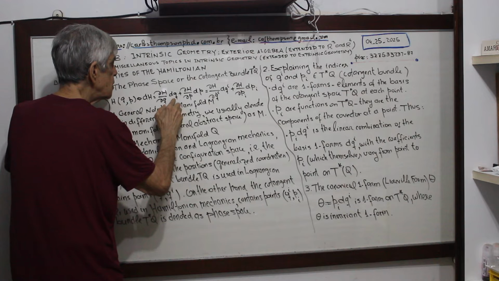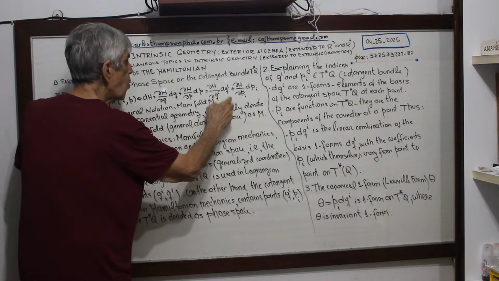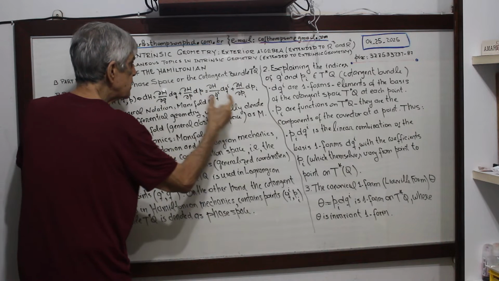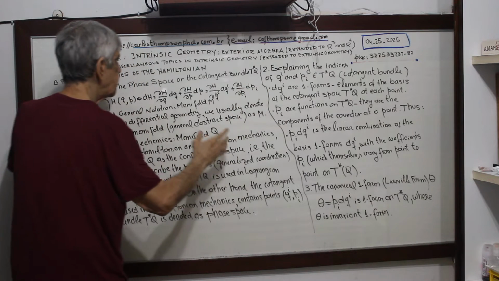This notation is represented by dq^i, and dp is represented as dp_i.